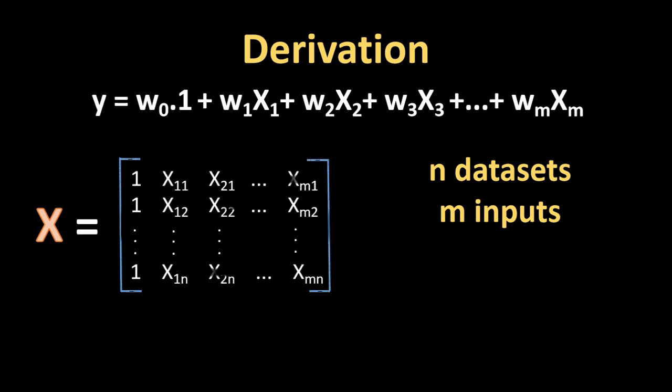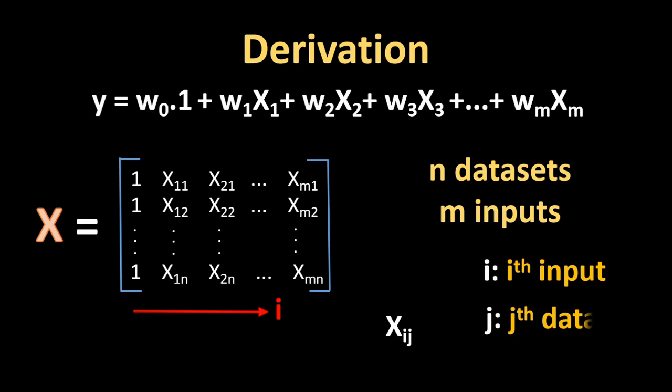So the first column here is x0, the second column is x1, and so on. And in each xij, i denotes the ith input as shown by this red line, and j is the jth sample or jth dataset as shown by this red line. Therefore our x is an n cross m plus 1 matrix, m plus 1 because m inputs and 1 bias.